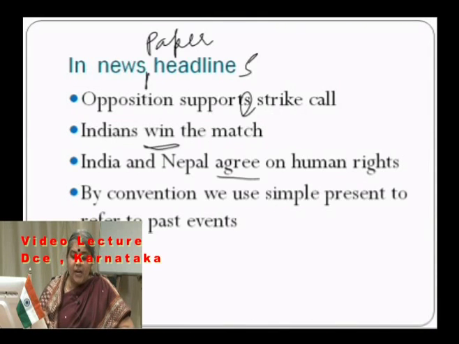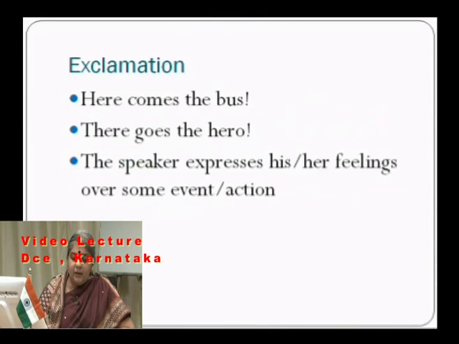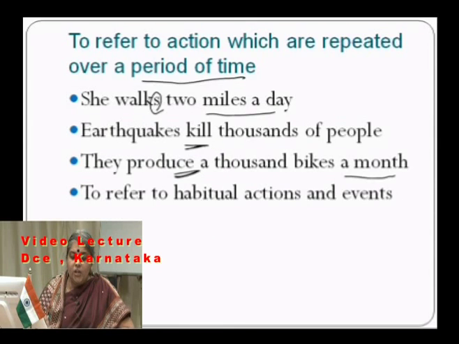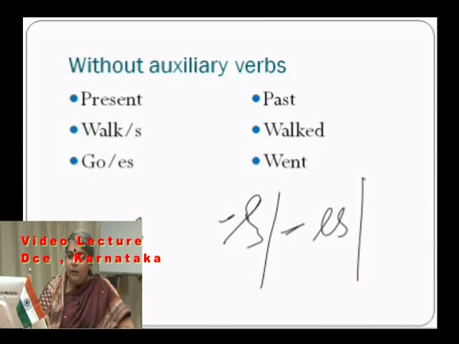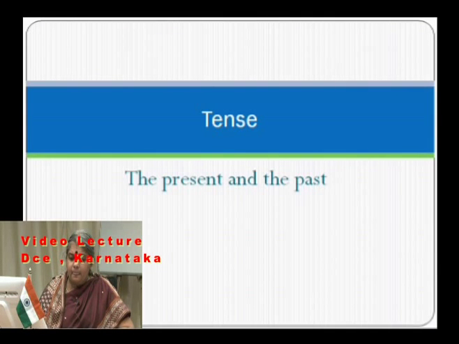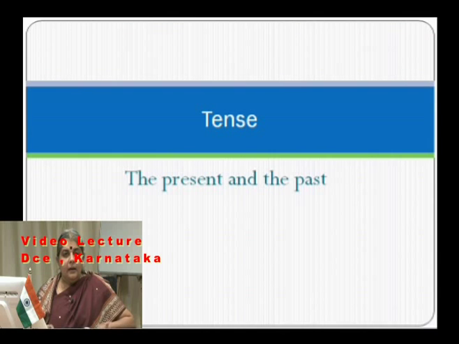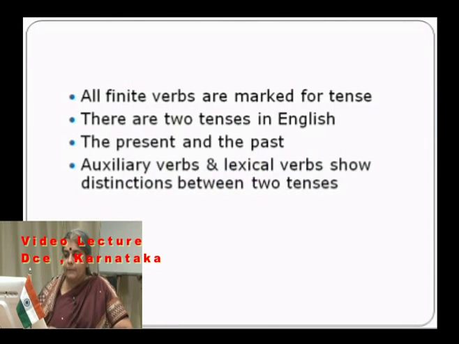Now we shall do a quick recap of what we learnt on tenses. I began by telling you that there are two tenses in English, the present and the past. Then I said all finite verbs are marked for tense.